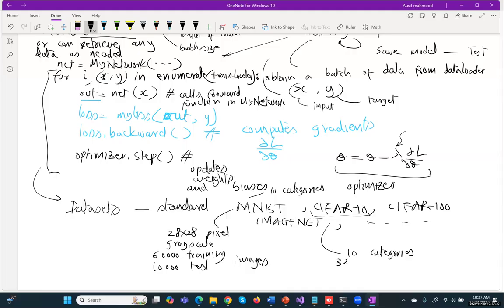CIFAR10 is 32 by 32, and these are color images. So 3 is the red, green, blue channel. So this is our color channel, okay? And 32 by 32 pixels. And here, 50,000 training images and 10,000 test images.